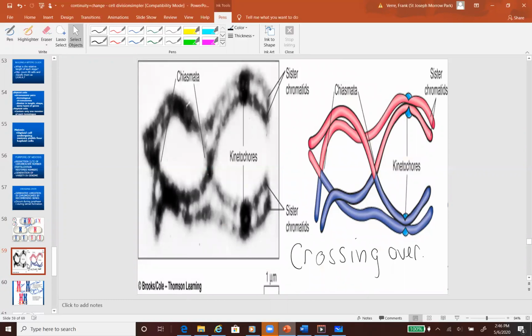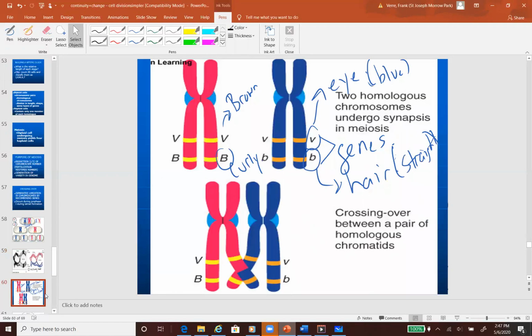I don't see any of the examples in here. Yeah, they've all been rearranged. So you'll notice that the chromosomes on this slide are not all red and they're not all blue. They're actually part red and part blue. Okay, so you can kind of see that here.